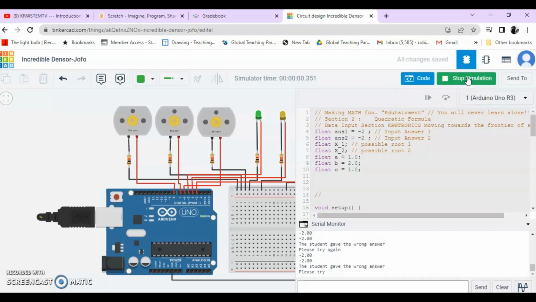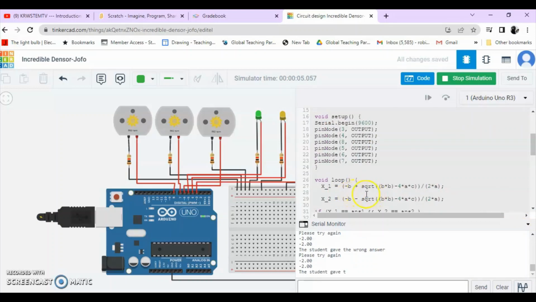So I start my simulation, and what is happening here is that my circuit is just on and on and on. That tells me that the value that was there before is wrong. Negative 2 is what we placed there, and that is what we see on the serial monitor here. That value is wrong. So what we need to do now is to do our calculations.